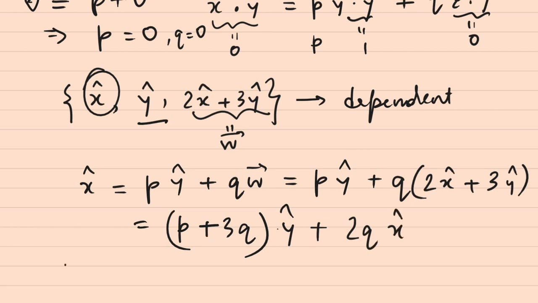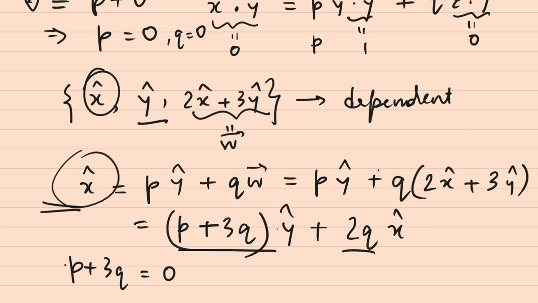Now, in the same process, find out what these numbers are. You'll notice that p plus 3q is going to be 0, because you do not have any y hat on the left hand side. The only way you can equate the left hand side with the right hand side is by taking the coefficients to be equal. So this is going to be 0 and 2q is going to be equal to 1.